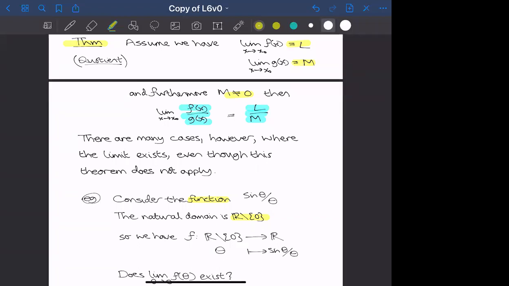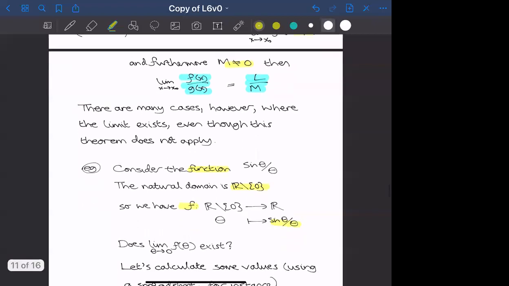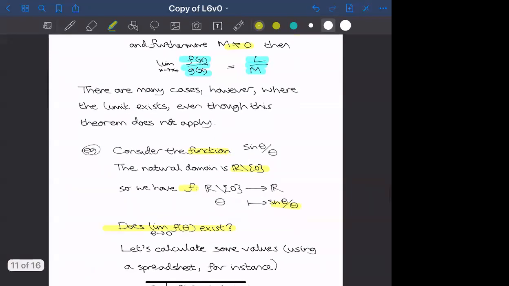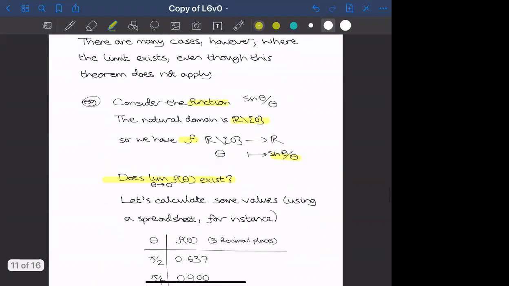So we have a function f from R with 0 removed to R, given by sine theta over theta. And so we can ask, does the limit as theta goes to 0 exist? So for now, I just want to calculate some values, and you could do this too. And I'm using a spreadsheet.